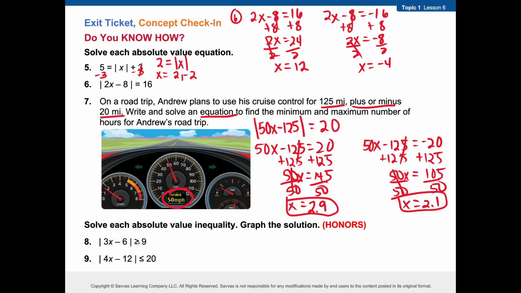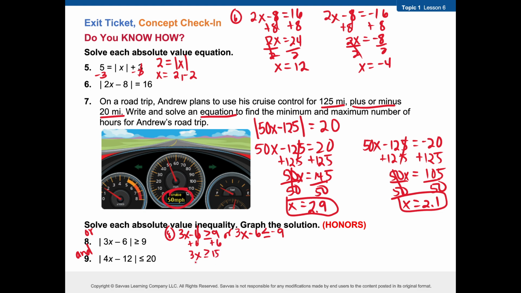Solving and graphing. That one should be an or. That one should be an and. So number 8. 3x minus 6 greater than or equal to 9, or 3x minus 6 less than or equal to negative 9.